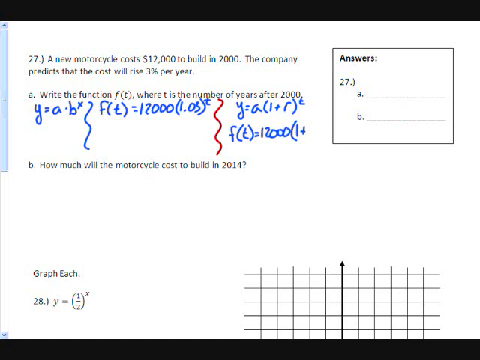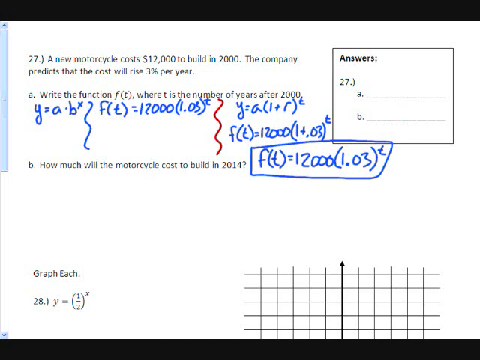The rate as a decimal would be 0.03 raised to the t. And then the only thing I would do here is simplify this a little bit. So I get f of t equals 12,000 times 1.03 raised to the t. It's one extra step because you have to simplify, but it's a little bit easier to think of the equation that way so that you remember doing the 1 plus the rate.